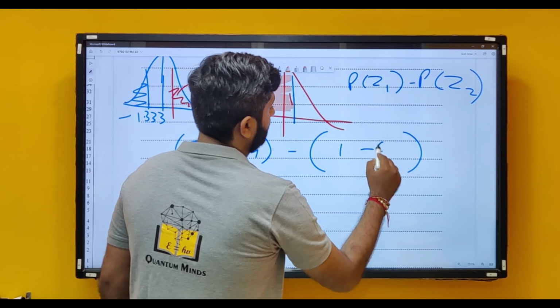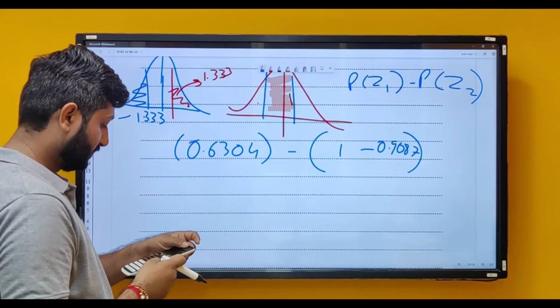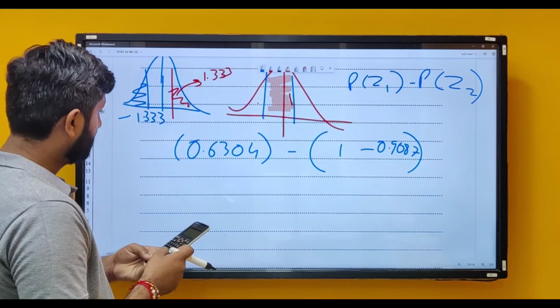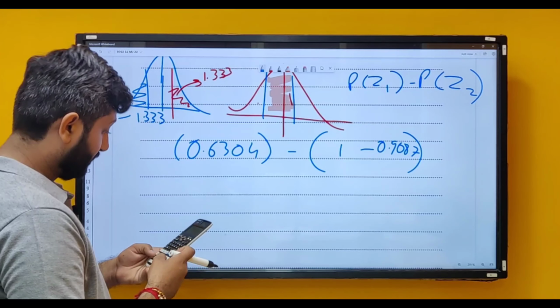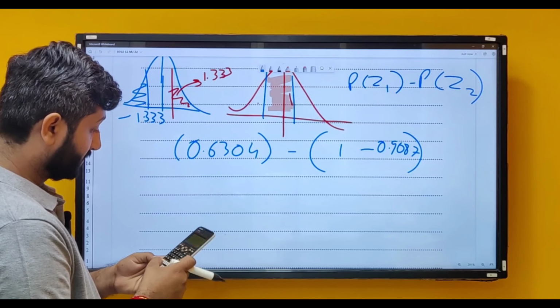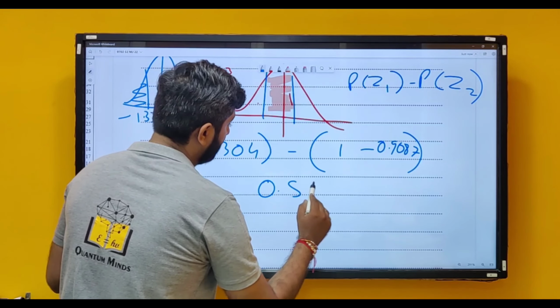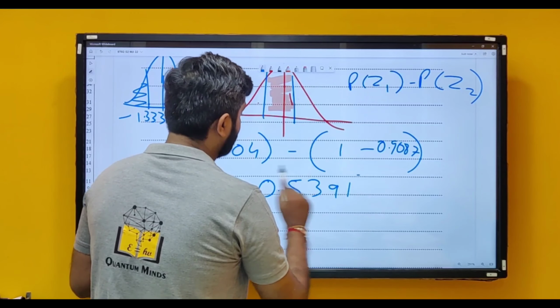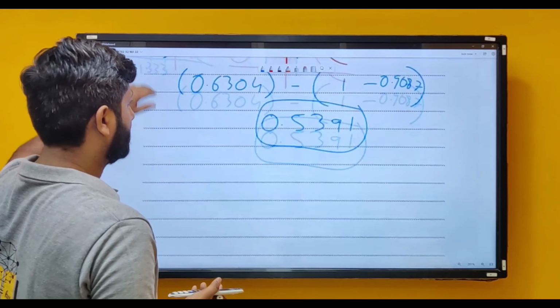So let me do the subtraction. 0.6304 minus 1 plus 0.9087, which is 0.5391, or I can also write it as 0.539. Let us move to the next part of the question.